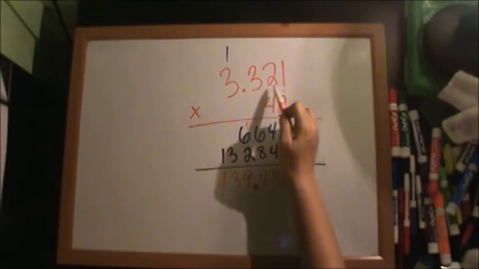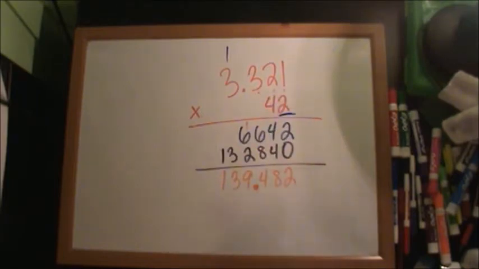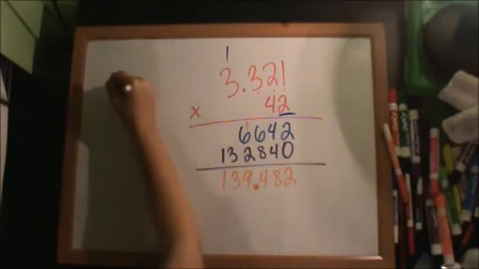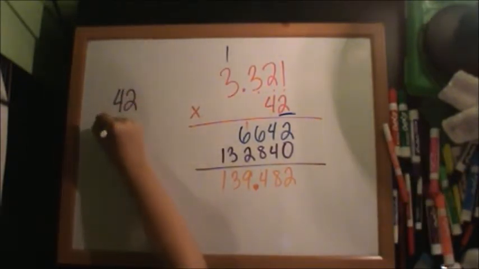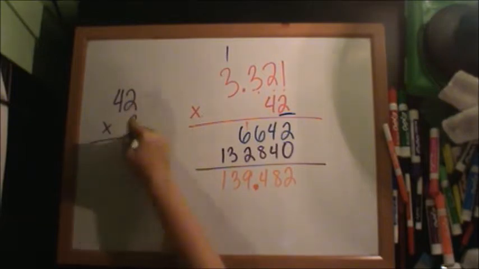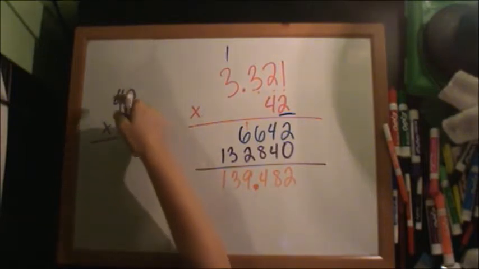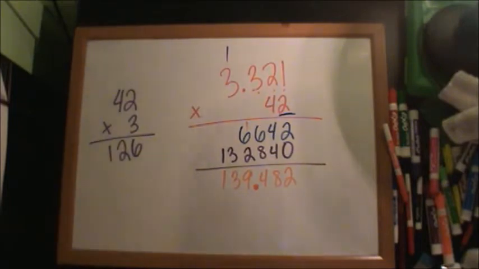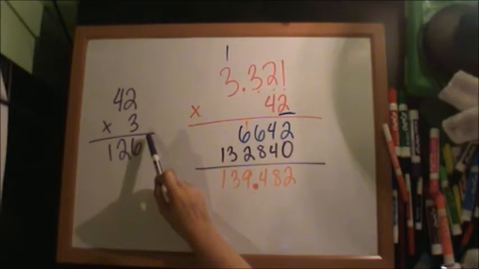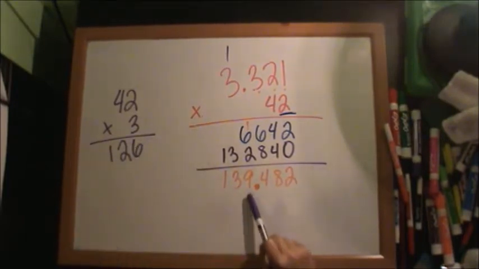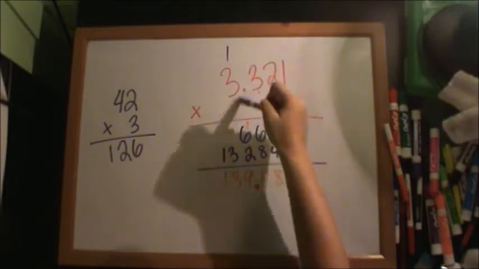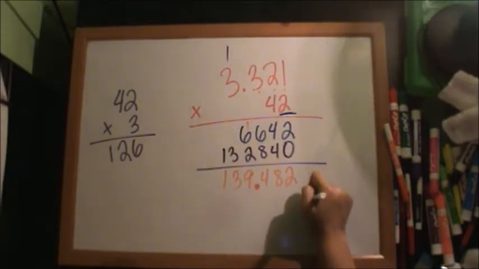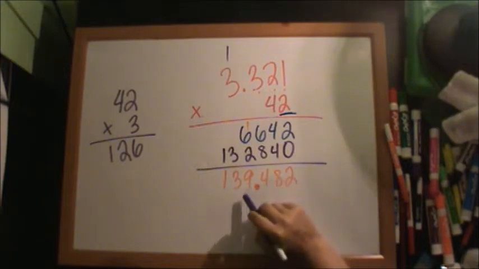I counted 1, 2, 3, and I put it here. Now let's check and make sure it seems plausible. To the side, what's 42 times 3? 3 times 2 is 6, 3 times 4 is 12. So I got 126 for 42 times 3. Does 139 seem plausible? Yes, it does, because we have some extra decimal places back here that we are multiplying by.